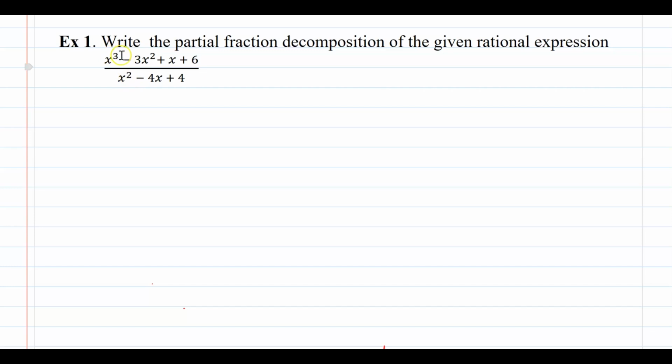Because the degree of the numerator is greater than the degree of the denominator, the first thing we need to do is follow step number 1. We will use long division to find the quotient and the remainder. Once we have a remainder, we will apply partial fraction decomposition to the remainder.